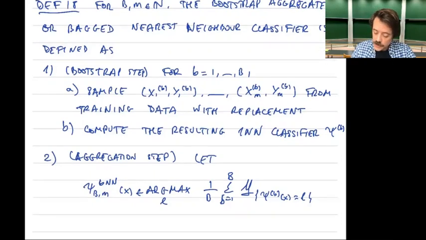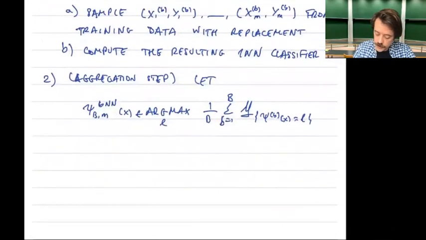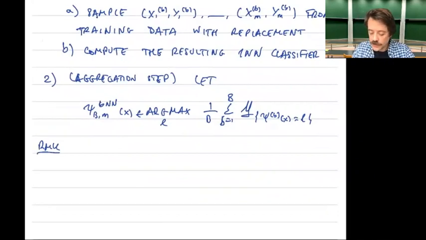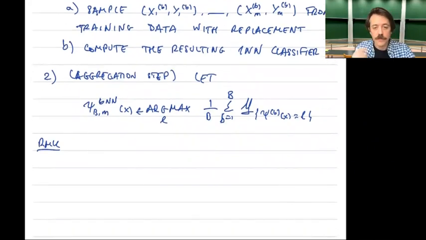Okay. So let's make a remark about this. And of course, we wish to compare this to the one nearest neighbor classifier. So there is one case that is special, and that is the one when m is much less than n.